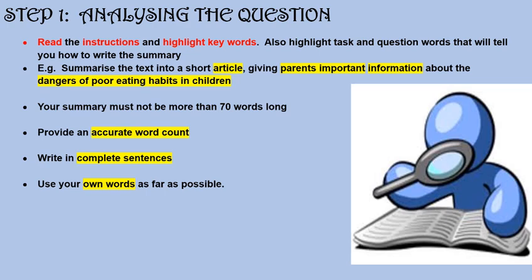Also use your own words as far as possible. But what does it mean when we say own words? It just means that what you have in the passage, you must not write it over exactly word for word, comma for comma, as in the passage. If you change the word order a little bit, if you take out a word or two and it still makes sense, or you add a word or two, that is your own words.